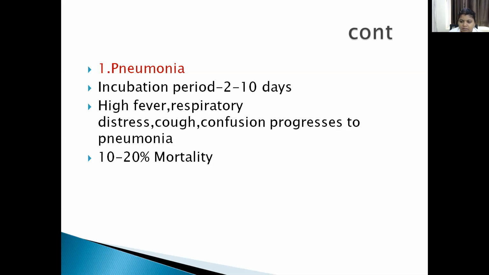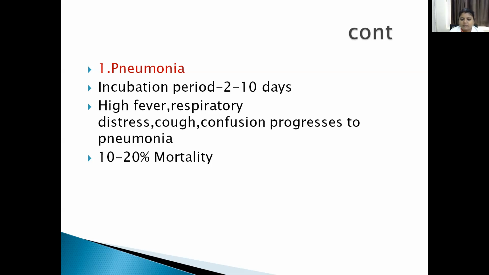The patient may present clinically with fever, dry cough, and chest pain. Sometimes it may progress to pneumonia. The mortality rate is very high, almost 10 to 20% in Legionnaires' disease. Why is it called Legionnaires' disease?